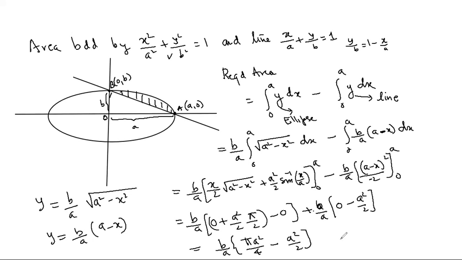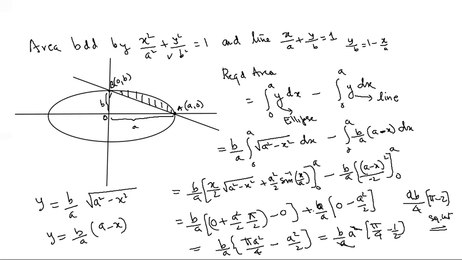So I can write A square taken common, B by A into A square, pi by 4 minus half. If you take 4 as LCM, it is AB by 4 into (pi minus 2) square unit.